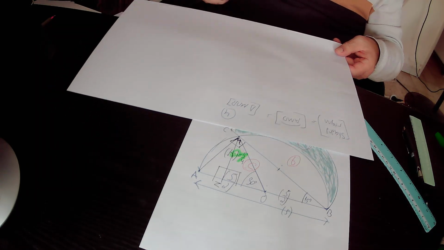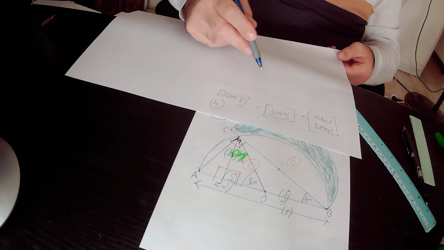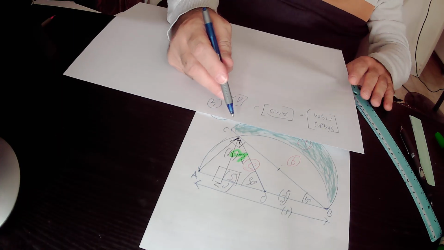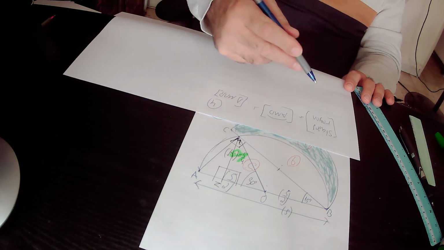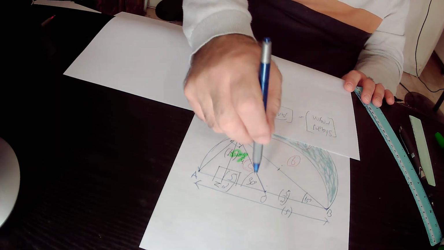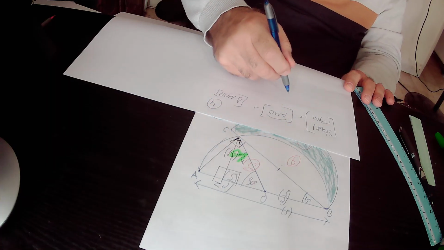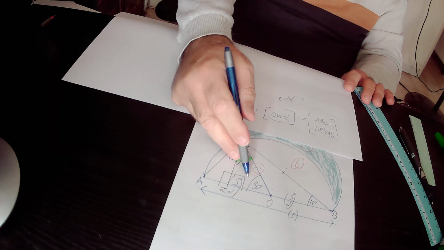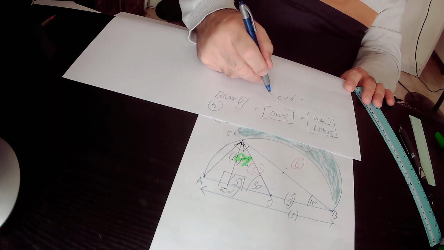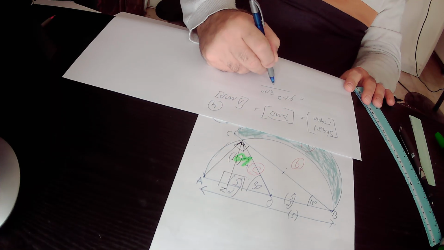So, what is the area of this sector AMO according to the formula that I presented to you a couple of minutes ago? The area of sector AMO must be equal to pi r squared, that is the area of the circle that contains the sector. R is the radius of this semicircle. Pi r squared times the angle between the legs of the sector, that is 30 degrees, over 360 degrees.